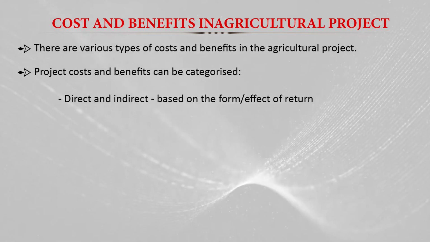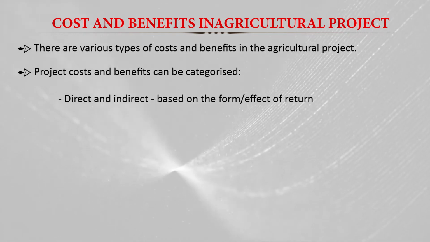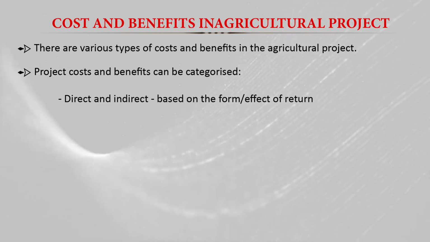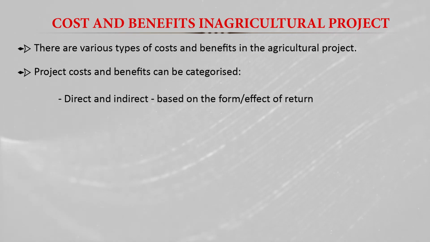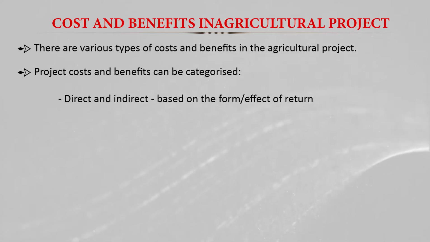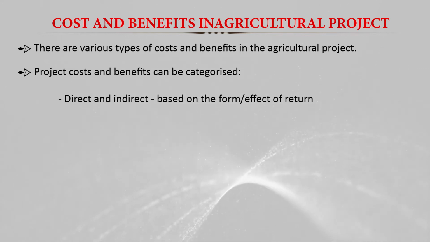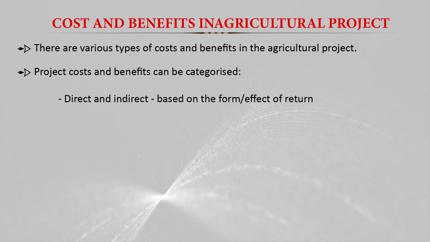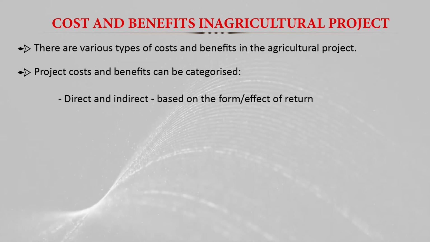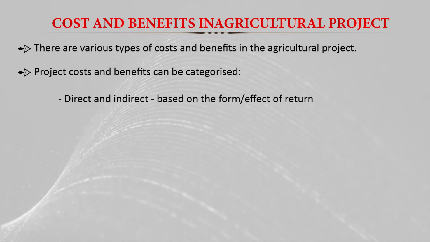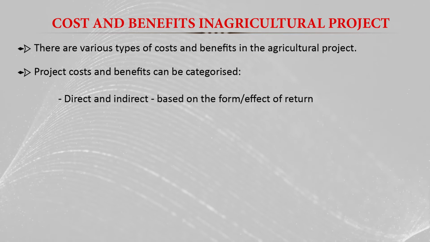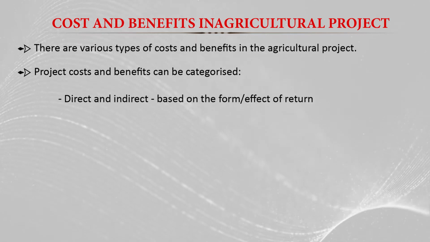They will be directly benefiting, or they will be directly having some cost from the project. So we can say direct cost, like input for a farm, or indirect if there is some unforeseen benefit or some externalities, which we can say are the indirect effect of the project.